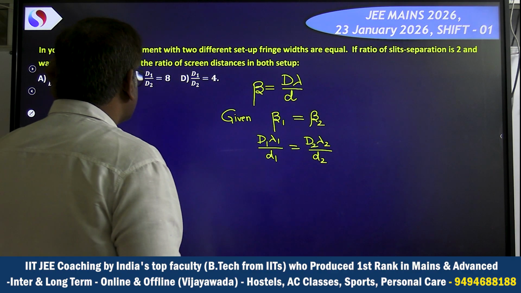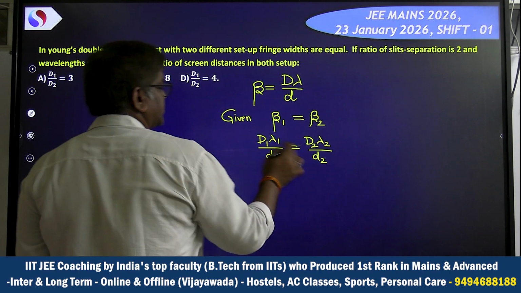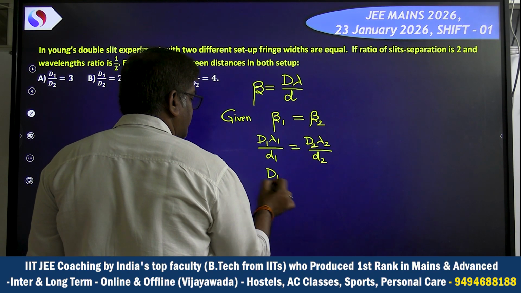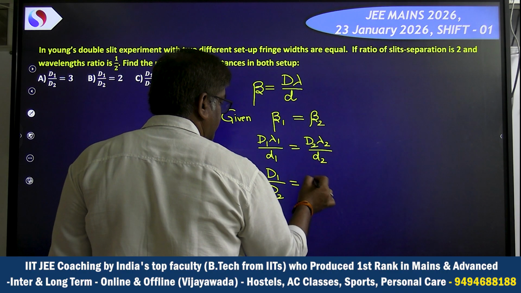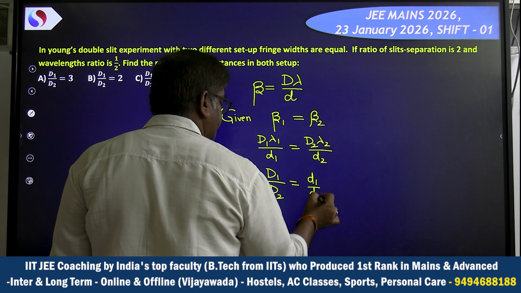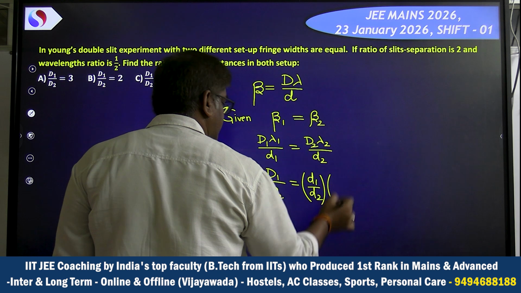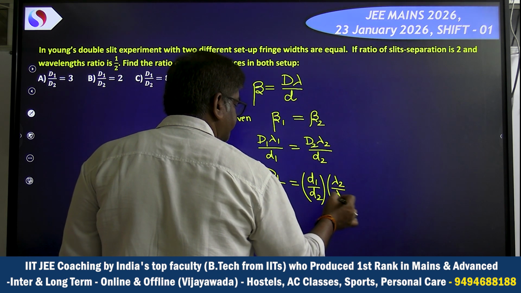What we have to find out is the ratio of the screen distances, the ratio of capital D1 by capital D2, which is going to be small d1 by small d2 into lambda 2 by lambda 1.